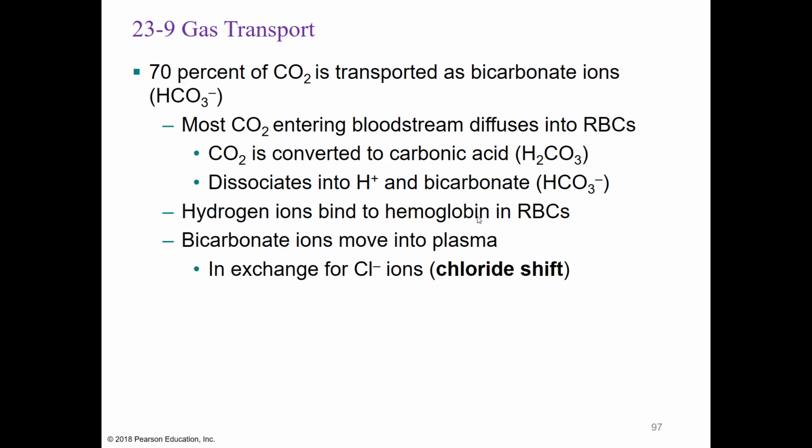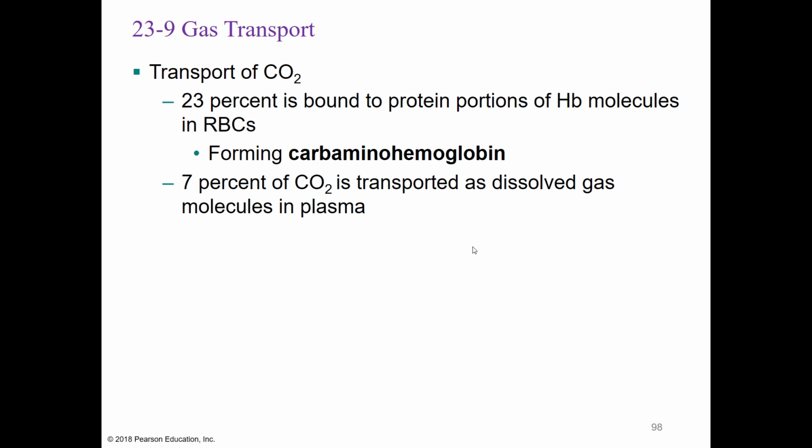Hydrogen binds to hemoglobin to be buffered, and bicarbonate, the HCO3-, will move into the plasma in exchange for a chloride, the chloride shift. 23% is bound to portions of hemoglobin molecules forming carbaminohemoglobin. 7% is transported as dissolved gas molecules in plasma.